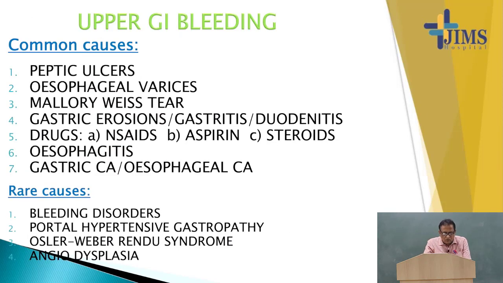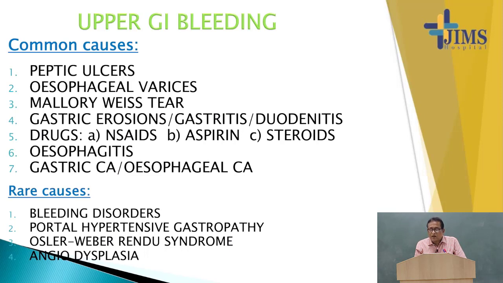Now, what are the common causes of bleeding? You know, the stomach has lesser curvature ulcers and the duodenal ulcers, which I have mentioned in my last lecture. Together these are called peptic ulcers.